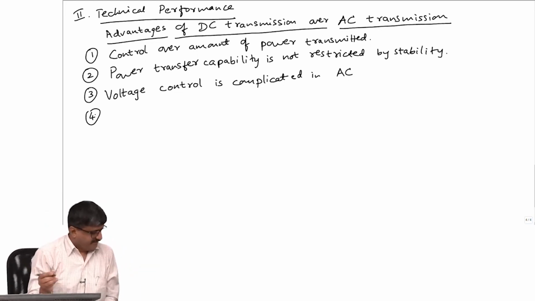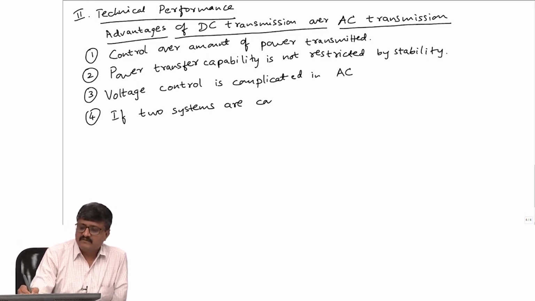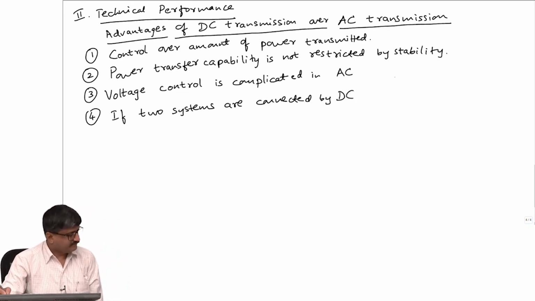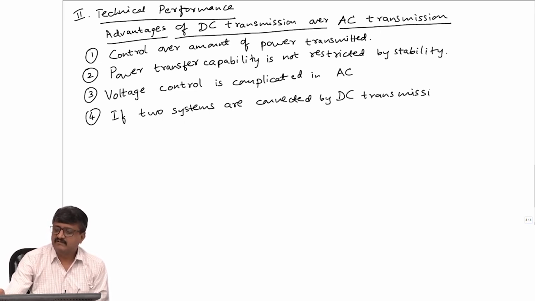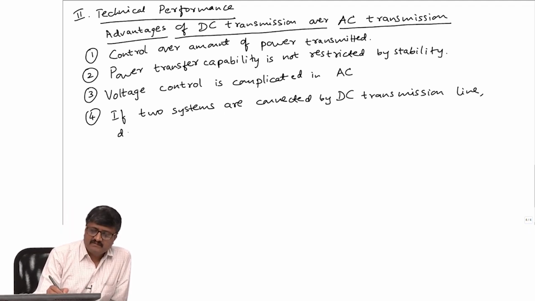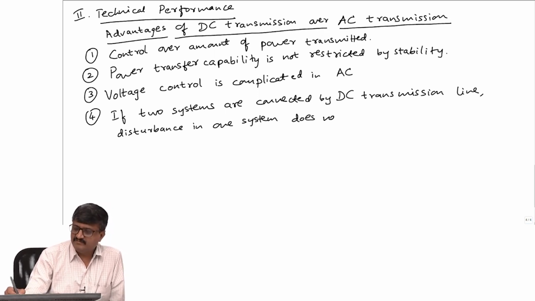So if two systems are connected by a DC transmission line, for all practical purposes we can say that a disturbance in one system does not propagate to the other system.